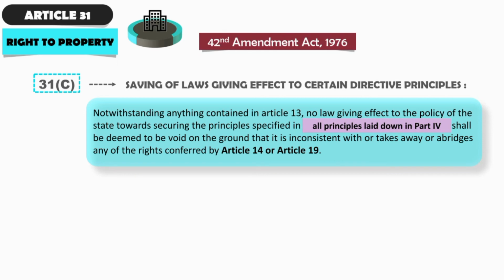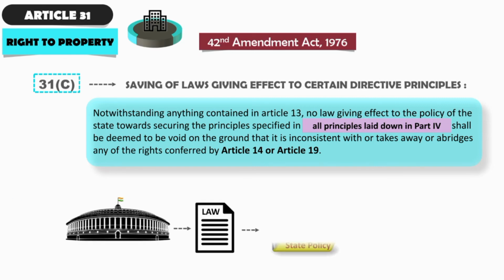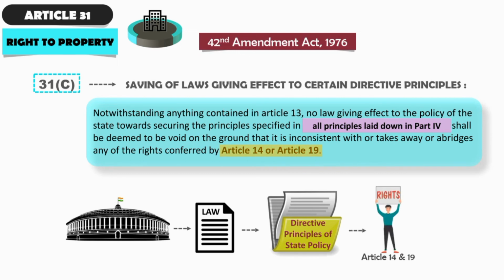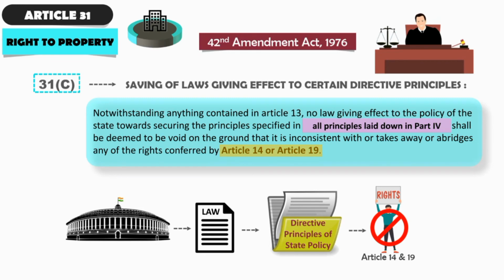This means if the government makes any law to give effect to any of the directive principles of state policy, not only 39B and C, and if because of that law the fundamental right mentioned in Article 14 and 19 is violated, then it will not be considered a violation of fundamental right. The government said this during the 42nd Amendment Act of 1976.